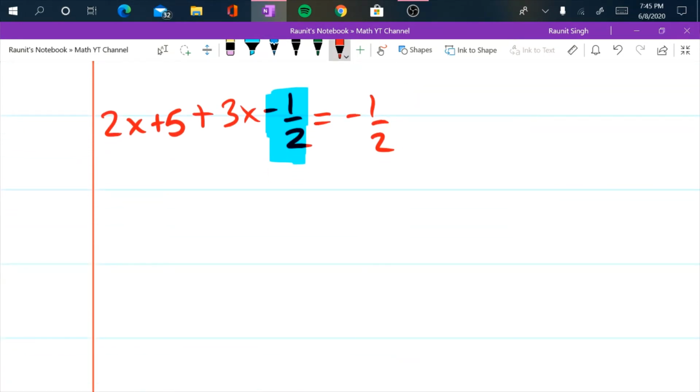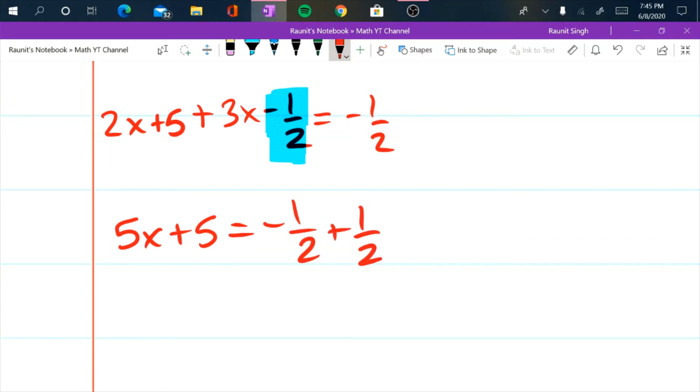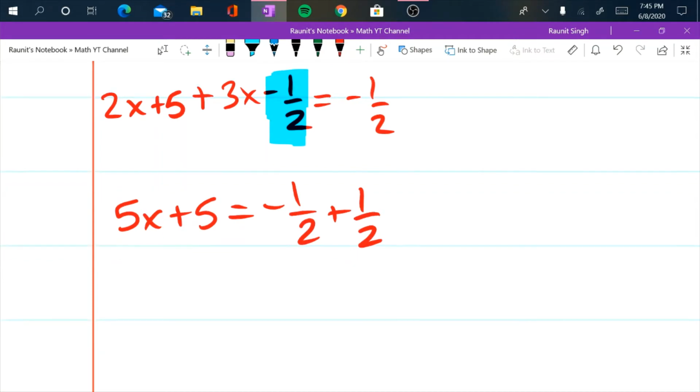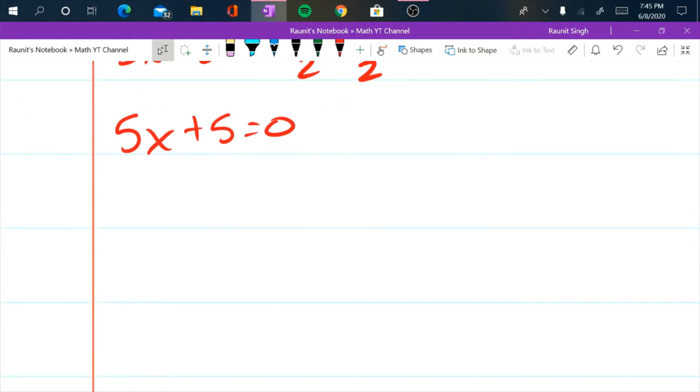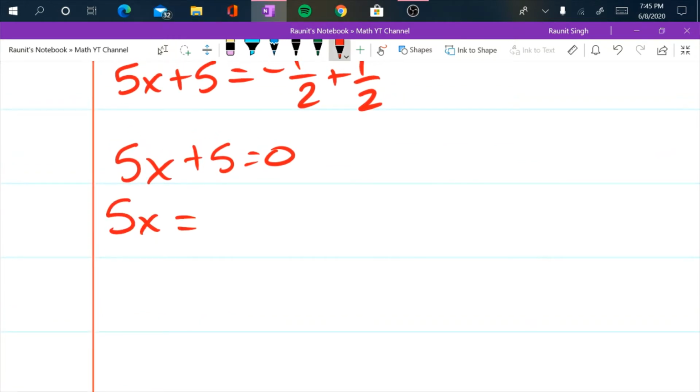So we can simplify the x's and get 5x plus 5 is equal to -1/2 plus 1/2, since we're adding 1/2 to both sides to cancel out that 1/2. Then we get 5x plus 5 equals 0. Subtract 5 from both sides, and we get 5x equals -5, and then divide both sides by 5, and we get -1.